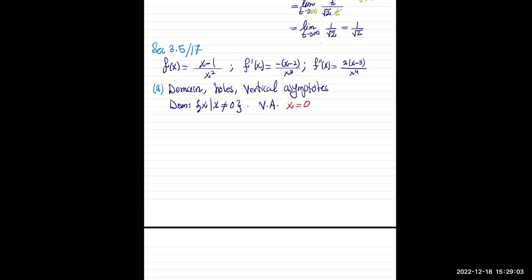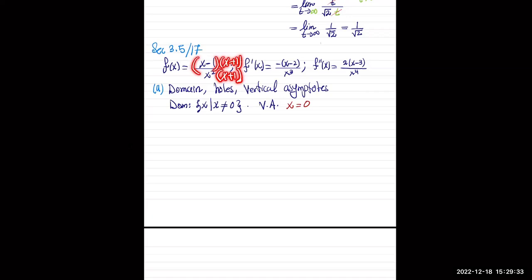This function doesn't have any removable discontinuity. Basically, there are no factors on top and bottom that would cancel out, right? So for example, if we had an x plus 1 on the top and an x plus 1 on the bottom, the limit as x goes to -1 would exist.